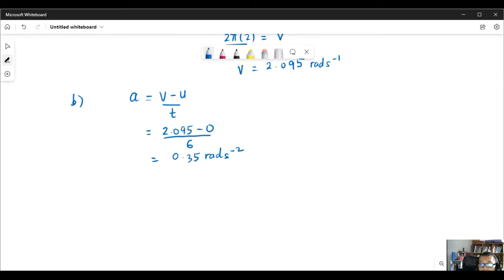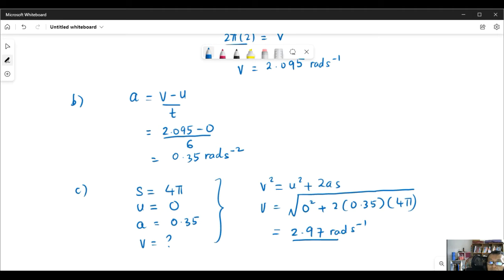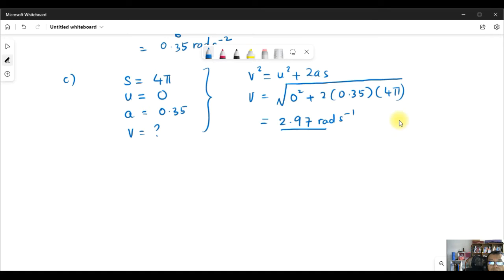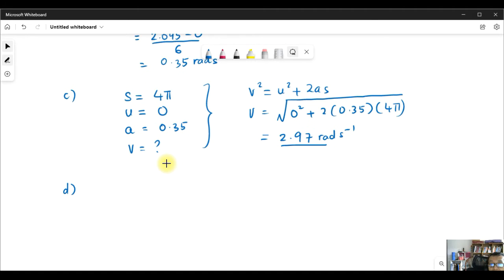C, the angular velocity after 2 revolutions. The time taken for the second revolution: what you need to do is find out the time taken for the 2 revolutions, minus the time taken for the first revolution.